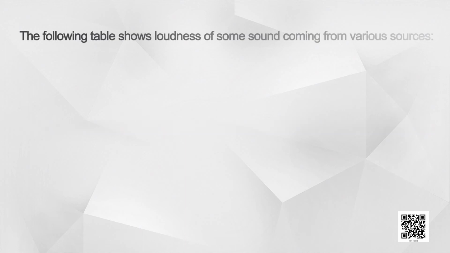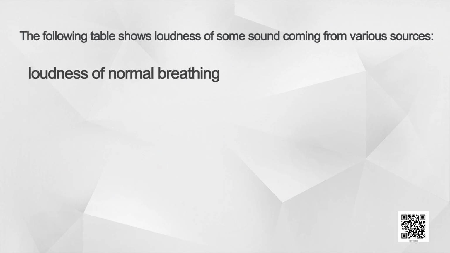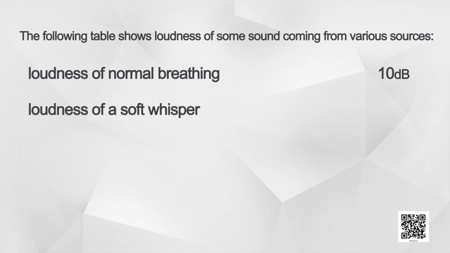The following table shows loudness of some sounds coming from various sources. For example, loudness of normal breathing is about 10 decibels. Loudness of a soft whisper is about 30 decibels.